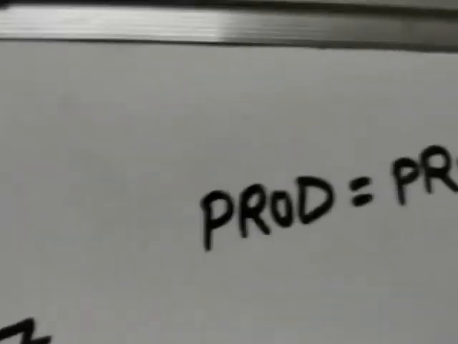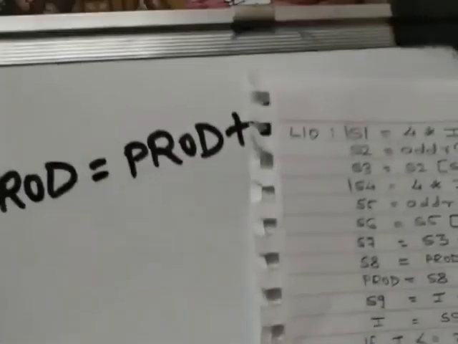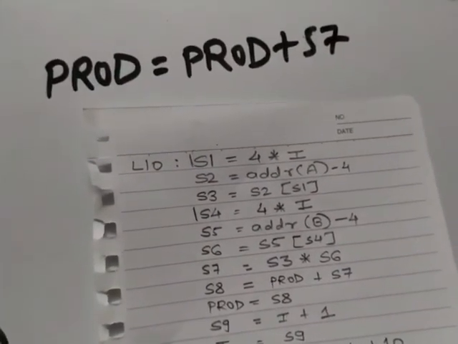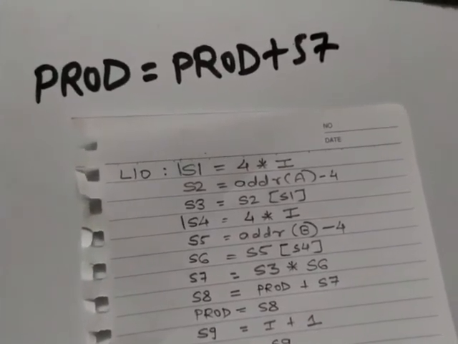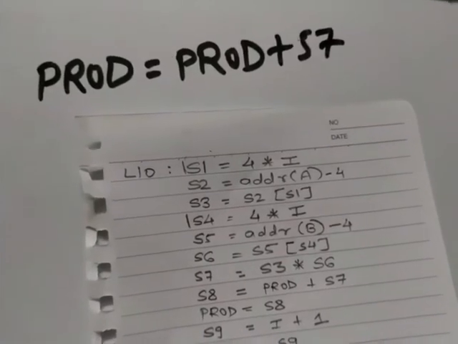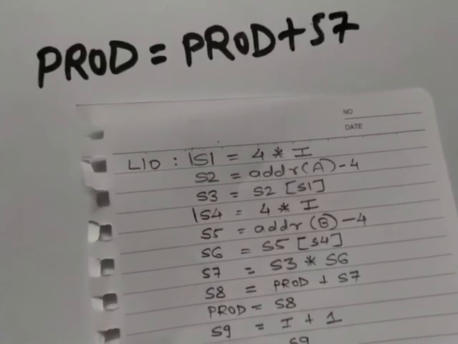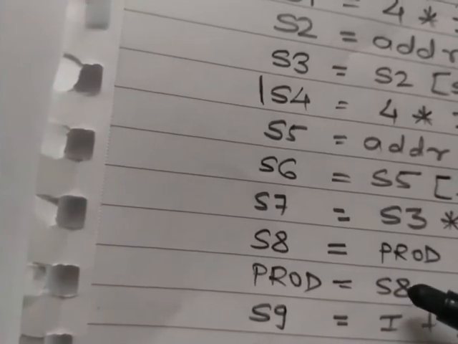So this can be done as product equal to product plus S7. I have written the same here. So during the optimization we can add this statement and we can remove these two lines.